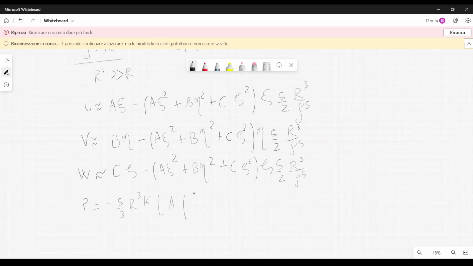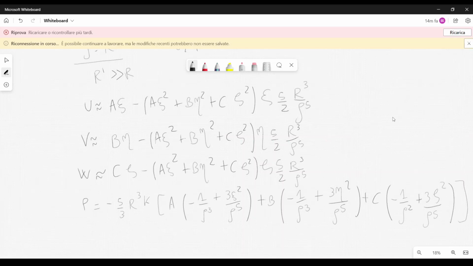This multiplies a times minus 1 over rho cubed plus 3 xi squared over rho to the fifth power plus b times minus 1 over rho cubed plus 3 eta squared over rho to the fifth plus c times minus 1 over rho squared plus 3 zeta squared over rho to the fifth, like this.